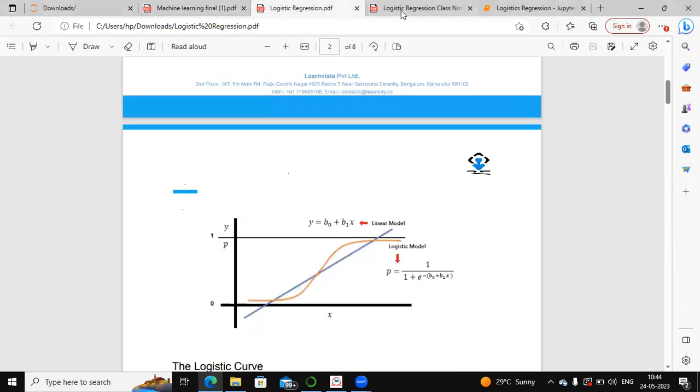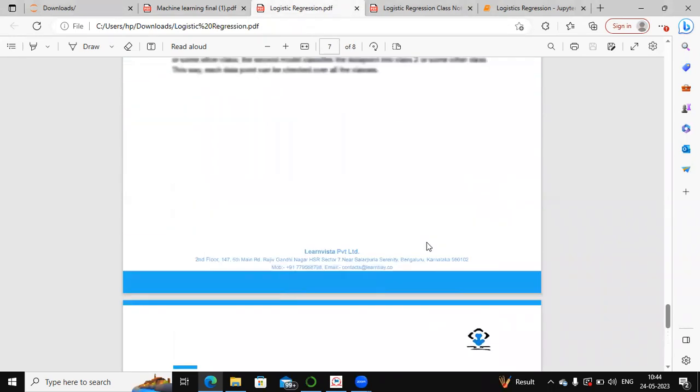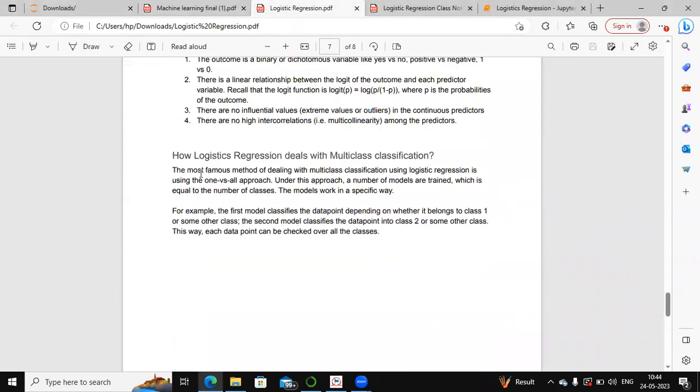So let's see multi-class classification here as well. The most famous method of dealing with multi-class classification using logistic regression is the one versus all approach. That is, A and not A, where not A is the all. Under this approach, a number of models are trained equal to the number of classes.